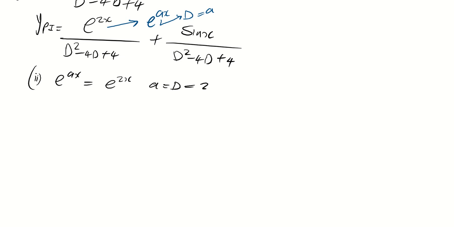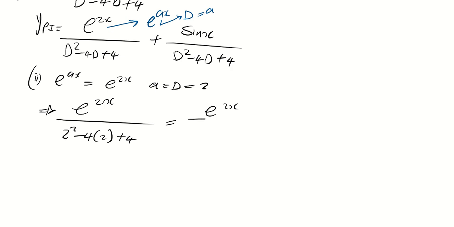Then we're going to go back to the YPI. You will have to say e to the power 2x divided by, where there's D, we're going to put 2, so you'll have 2 squared minus 4 into 2 plus 4, which is equal to e to the power 2x divided by 4 minus 8 plus 4.